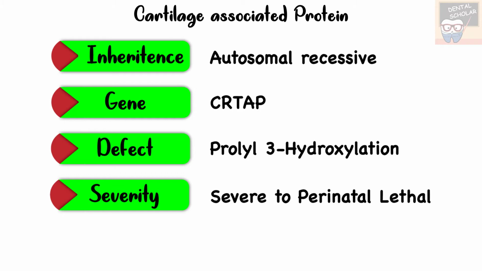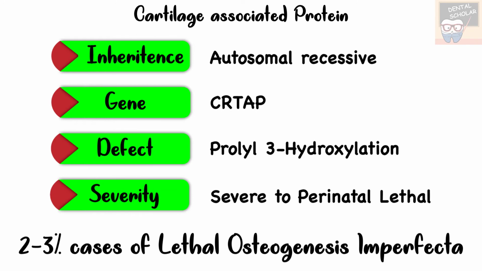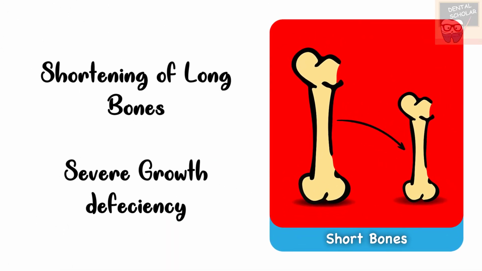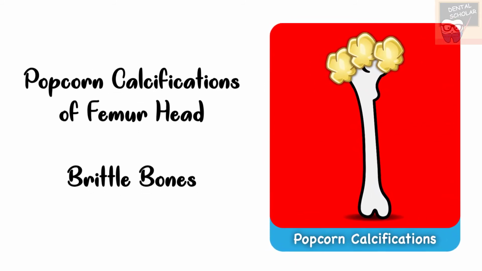So death may occur in the perinatal duration, and about 2 to 3% cases of all the lethal osteogenesis imperfecta belong to type 7. And there is a shortening of long bones along with severe growth deficiency, and popcorn like calcification are seen on the femur head. So this is a new feature which we have not seen so far in any of the types of osteogenesis imperfecta, and the bones in this type are brittle.